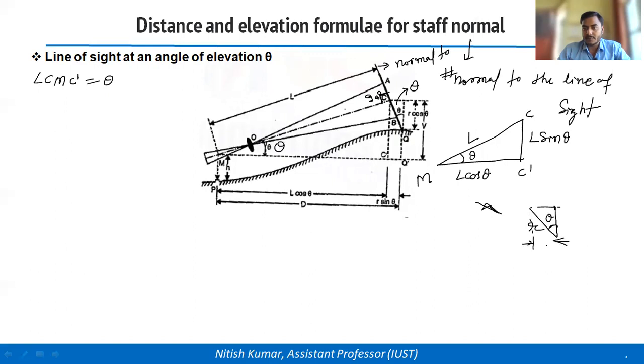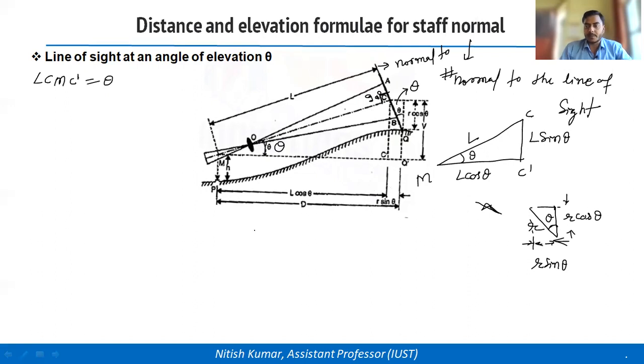So what can we write for this one? This we can write R sine theta, and this we can write R cos theta. You can see in the figure we have written R cos theta, and here this one is R sine theta.